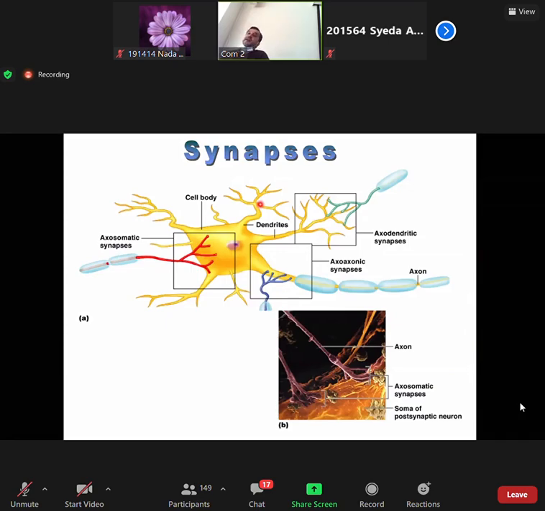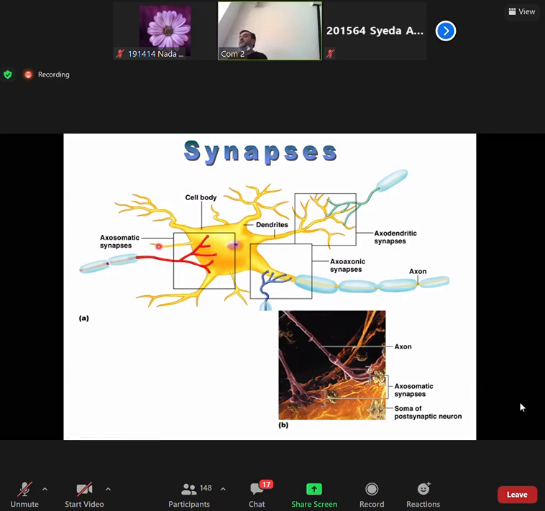Synapses, in terms of the anatomical synapses, you can have synapses with the dendrites, which are axodendritic synapses. You can have synapse with the axon, which is called axoaxonic synapse. You can have the axon synapsing with the cell body, which is called axosomatic type of synapse.